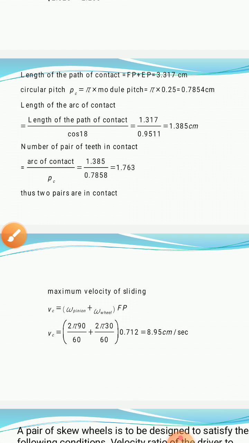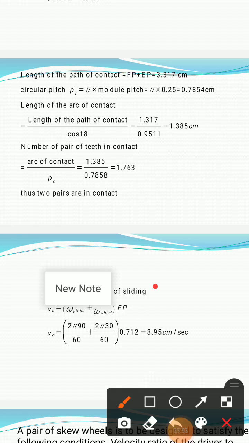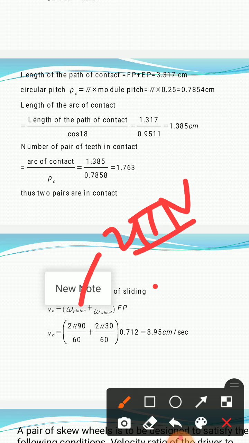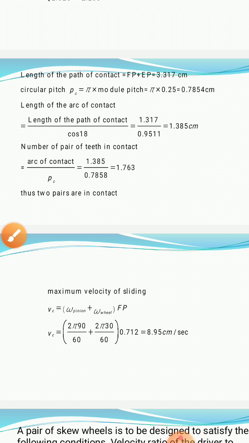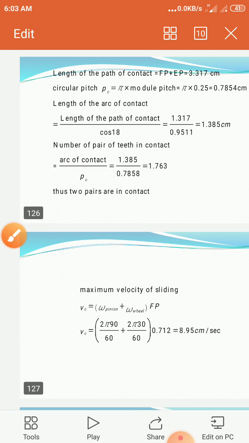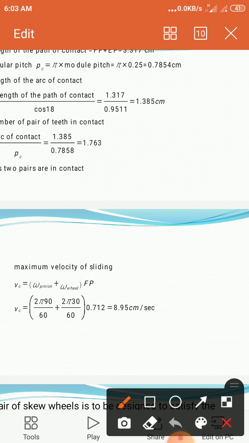Omega is equal to 2 pi N by 60, where N is given as 90 rpm. With this value, we can find out this VS value as 8.95.